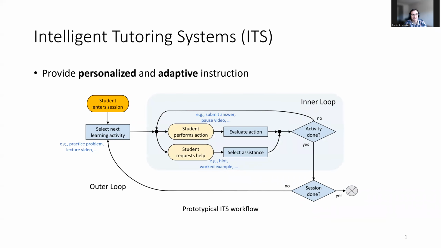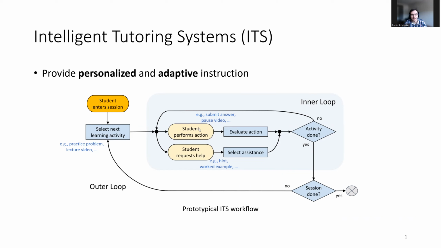Intelligent tutoring systems are an educational technology which provides students with personalized and adaptive instruction. We can think of the typical ITS workflow as an inner and an outer loop. In the outer loop, the system decides on the next learning activity for the individual student, for example, a practice problem or learning material.